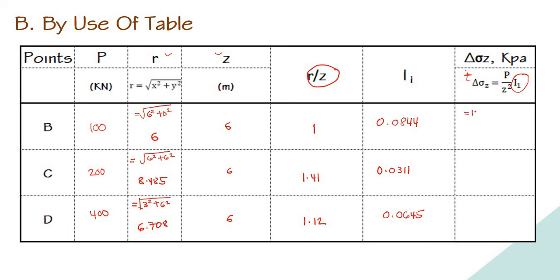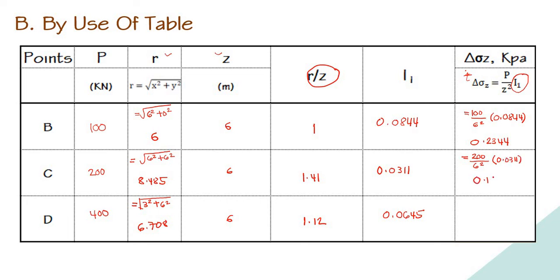Let us now solve for the vertical stress increase. This is simply 100 divided by 6 squared times the value of I1, 0.0844. This is 0.2344. Next, this is 200 divided by 6 squared times 0.0311.